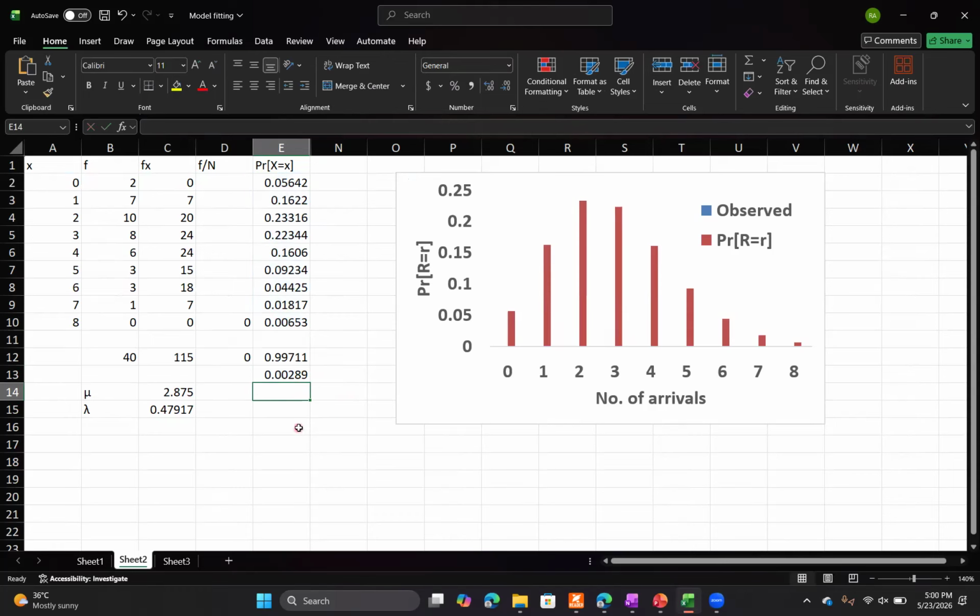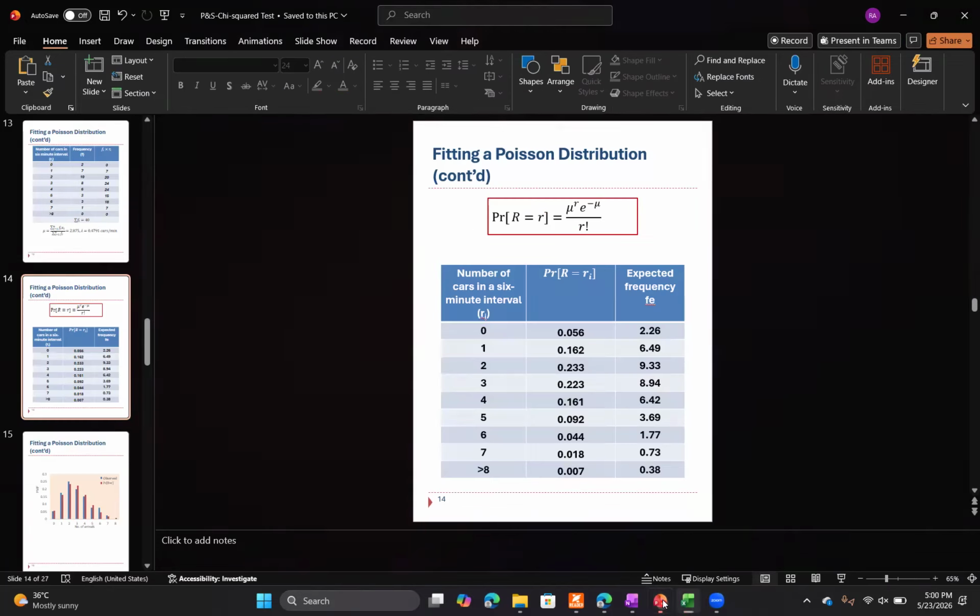So the remaining event contains less than 0.3% of the probability. So it is fair enough to consider probabilities up to this level.